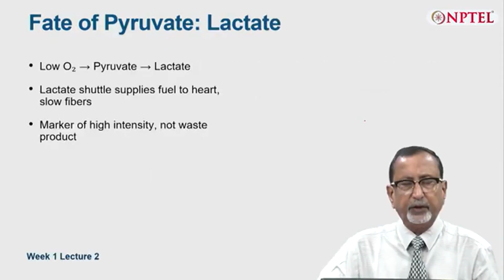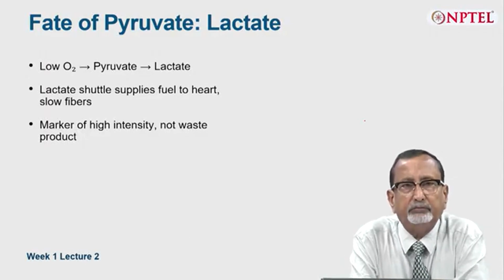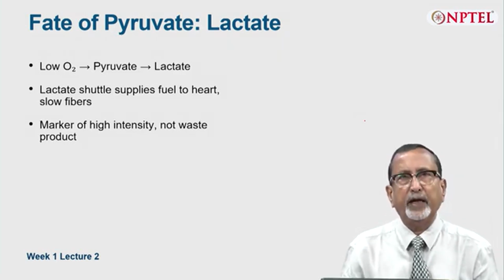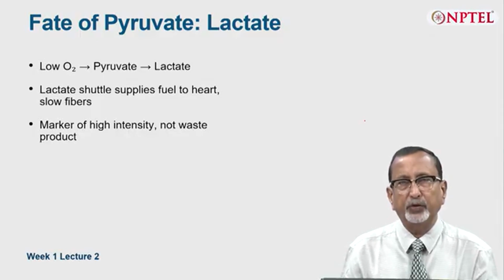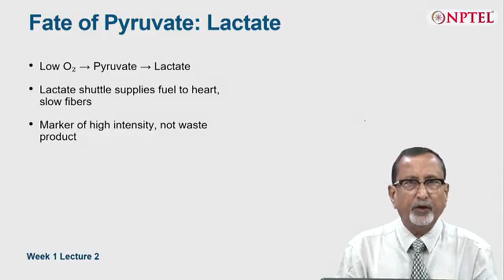So, the fate of pyruvate and lactate: when the system is low in oxygen, the pyruvate is converted to lactate, and the enzyme is lactate dehydrogenase. The lactate shuttle supplies fuel to the heart and the slow fibers. Lactate can be converted to glucose.